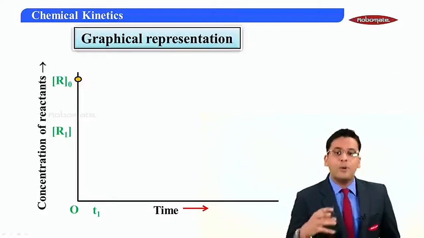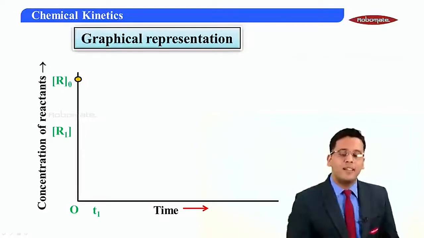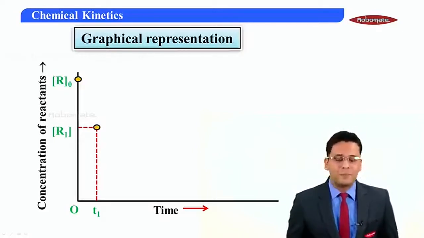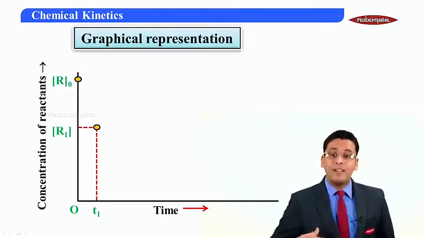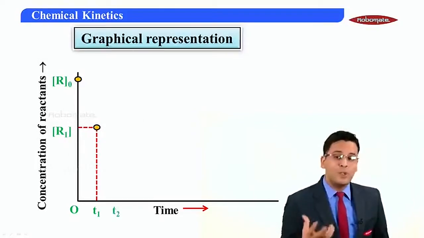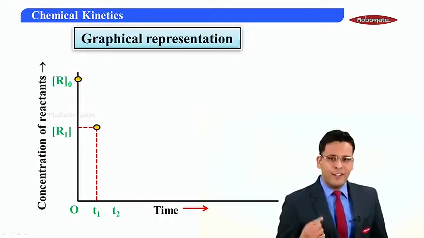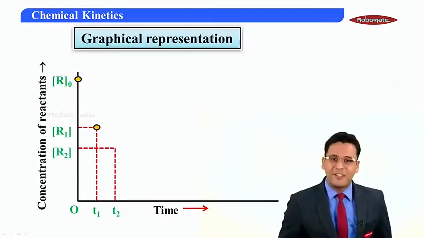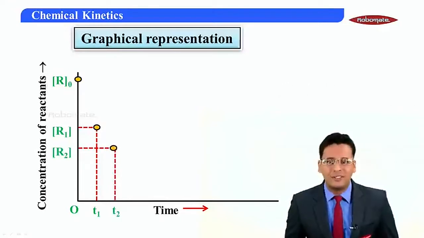Naturally, as the time progresses, the reactants will react and they'll go away. So now this will be my point right here. As the time progresses even further to T2, the reactant concentration would have now decreased to R2. This will be our point right here on the graph.